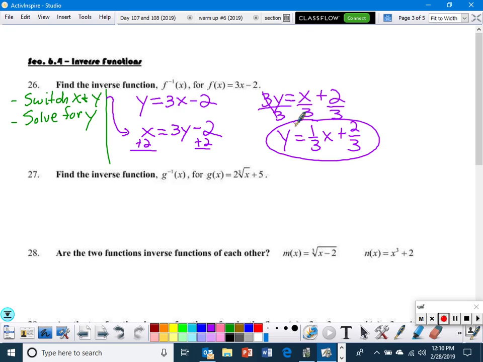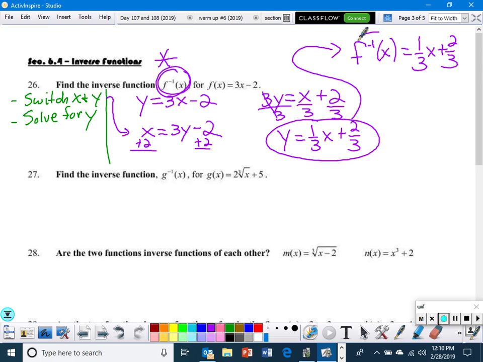Now, we should put that into function notation. So I'm going to rewrite that and put the inverse in for the y. So this is what it should look like. Okay, so with the f to the negative 1, that is telling us that that is the inverse function.